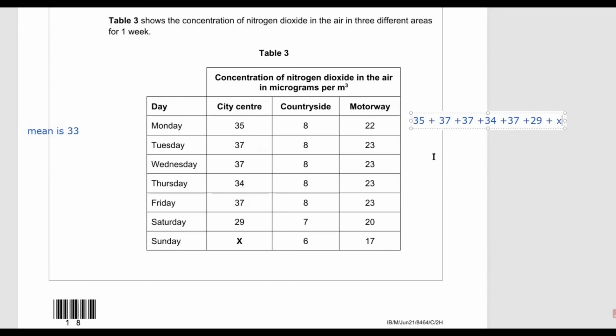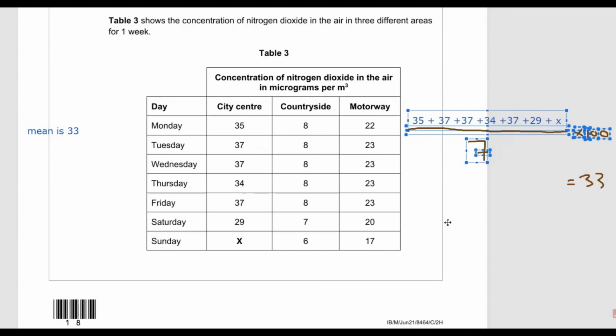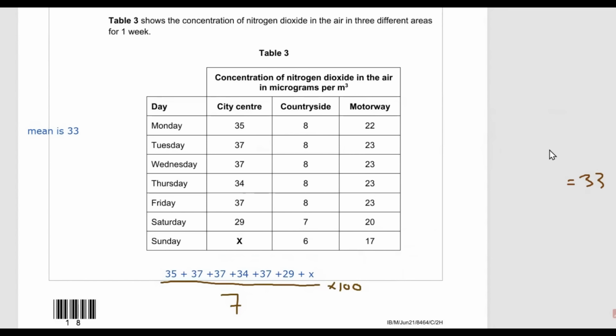So we want to do all of that divided by 7. And when we divide that by 7, we know the answer is 33. So we now need to rearrange this and find what x is. Of course, there we go. We don't need to times 100. Why have I put times 100? What an idiot. Anywho, there we go.